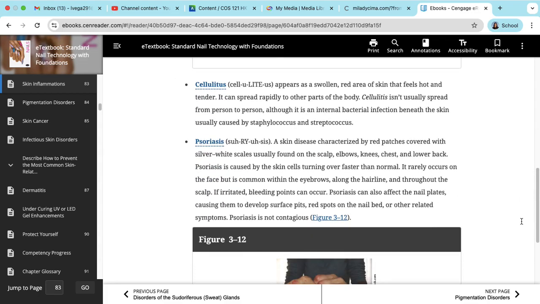Cellulitis, psoriasis. Cellulitis appears as a swollen red area of the skin and feels hot and tender. Psoriasis, a skin disease characterized by red patches covered with silver-white scales, usually found on the scalp, elbows, knees, chest, and lower back.